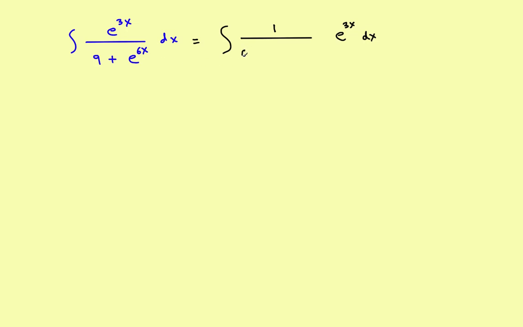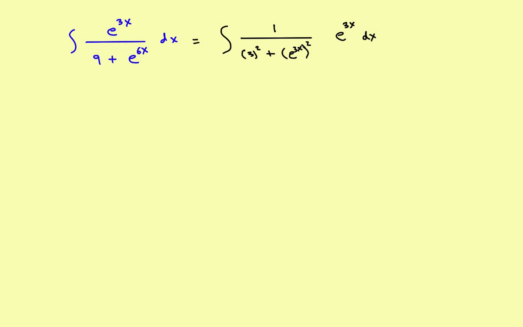So I'll change the 9 into a 3 squared. Then I've got a plus. Now I still need something squared right here. And again, to change the e to the 6x into something squared, remember you multiply the exponents. So e to the 6x would be e to the 3x quantity squared. So you can do it like that.